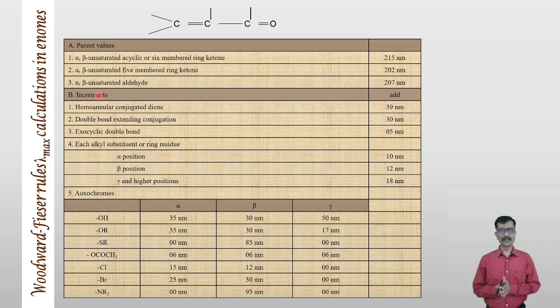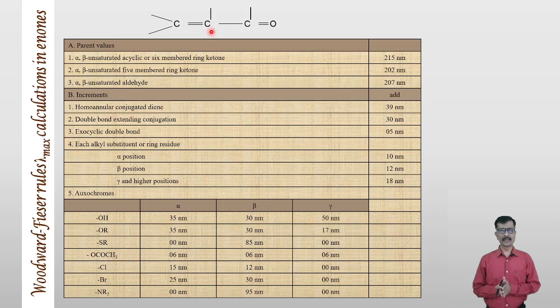Now, like this, we can identify a parent, whether it is aldehyde or ketone, what kind of enone it is. Then we have to give some increments in that. Increments like homoannular conjugated diene.